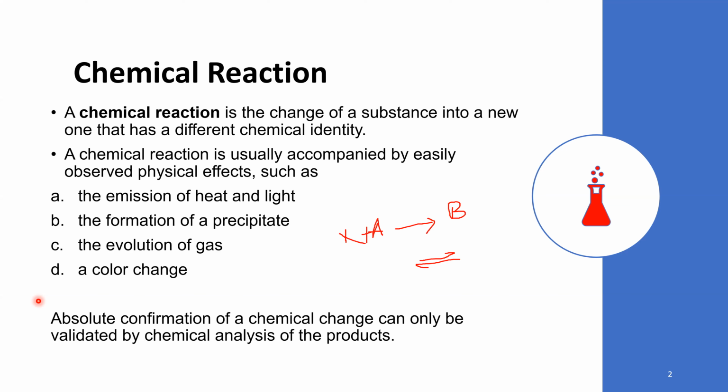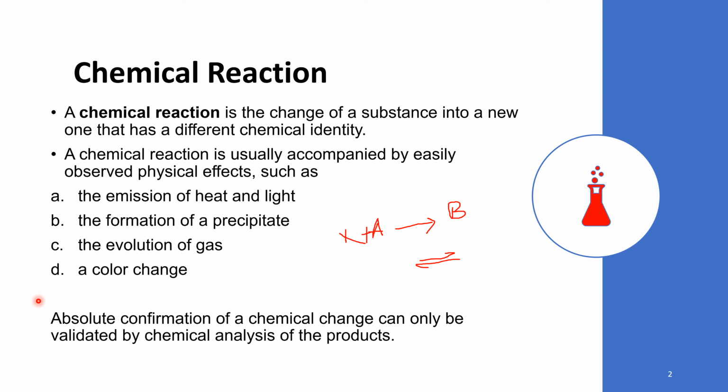Usually, what are the different physical effects which happen when there is a chemical reaction? There could be the emission of heat and light. There could be the formation of precipitates. A precipitate means a solid material has formed by the mixing of two liquids, and that something is settling in your vessel, in your glassware.